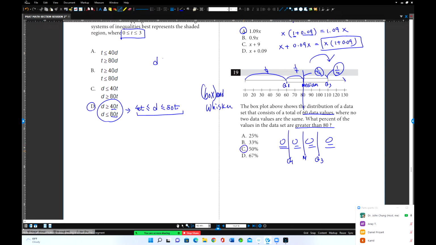Okay, 50%. 25% of data over here. Another 25% between the first quartile and the median. Another 25% between the median and the third quartile. Another after that third quartile to the maximum. Okay, another 25% of data is in there. Okay, this is the box plot. The middle line is the median.